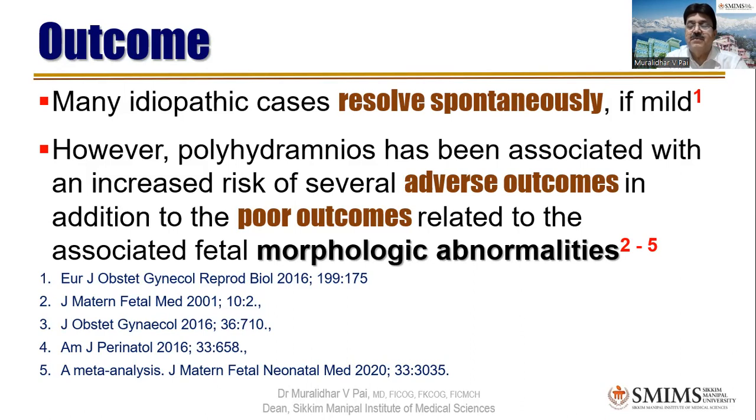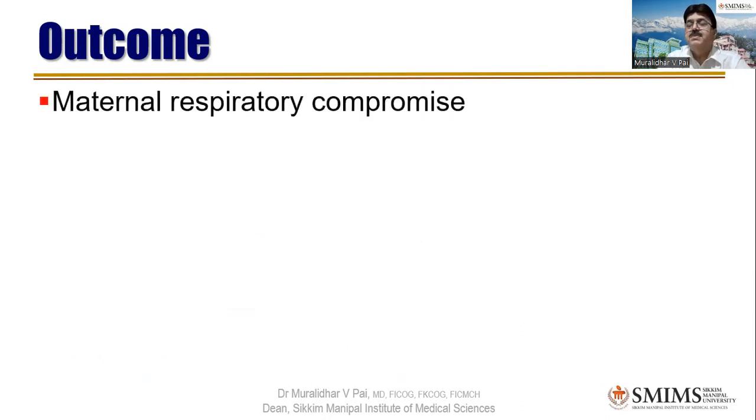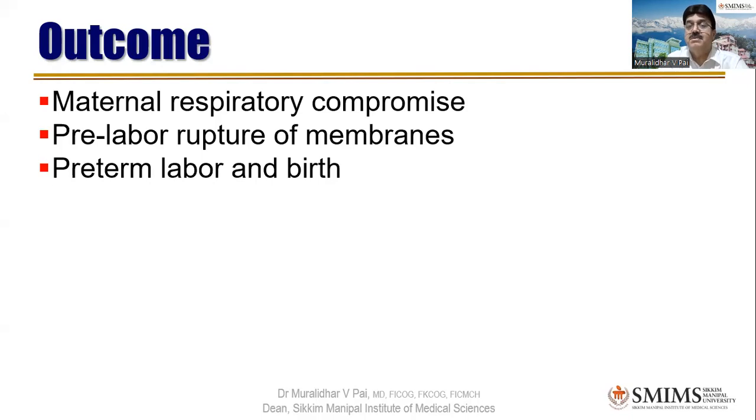For example, sudden rupture of membranes, abruption, and cord prolapse, and so many other things. Maternal respiratory compromise. Not only the baby, the mother also has this problem. There can be pre-labor rupture of membranes, as I just told you, and preterm birth. So this is in addition to the fetus having a problem.